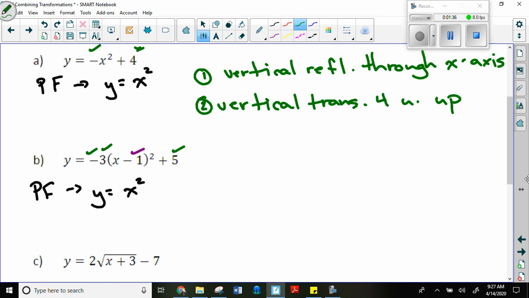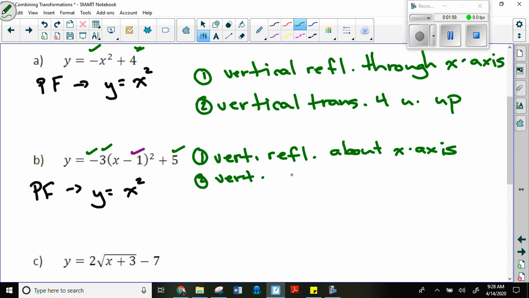So first one, 1, vertical reflection about the x-axis, or over or through, whatever. 2, vertical, it's a 3. We're multiplying by 3. We're outside. We're doing normal stuff. So it's a vertical stretch by a factor of 3.